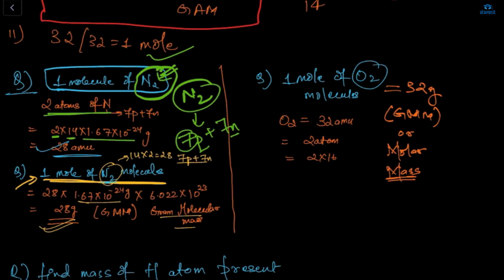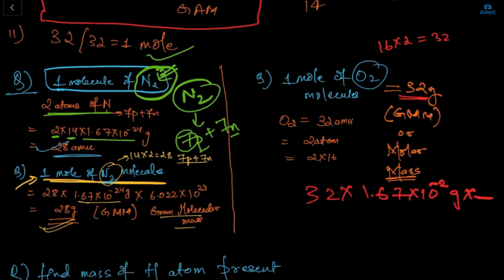Here N2 has two, so what about O? O is 16 plus 2, which is 32. So this is your 32. Again we will apply the same: 32 into 1.67 into 10 to the power minus 24 gram into Avogadro number, which is 32 AMU, or we can call it GMM, which is gram molecular mass.